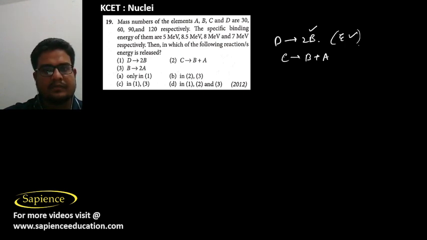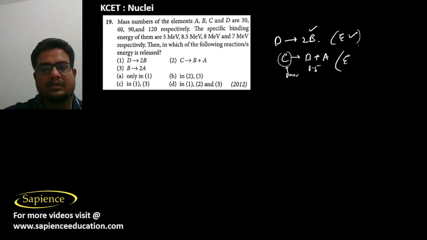So here the specific binding energy of C is 8 megaelectron volt, but the specific binding energy for B is 8.5. So it is going from more stable to less stable, which cannot happen.